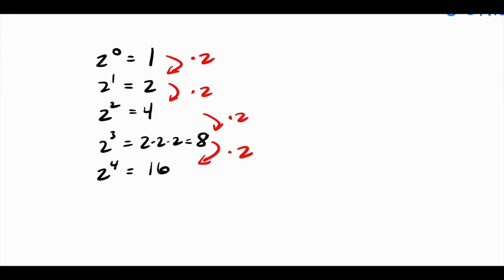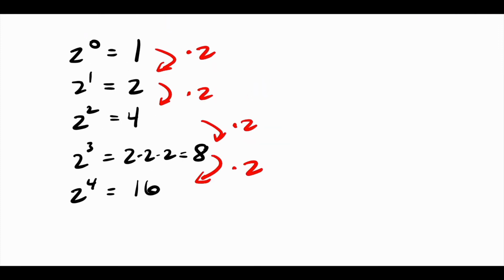Math, there's no exceptions. Math, there's always rules. If you know the rule, you're good. If you don't know the rule, then learn the rule. Okay? In math, for this guy, we're multiplying by 2. To go up the list, we're dividing by 2. So that's why it works. 1 times 2 times 2 times 2 times 2.